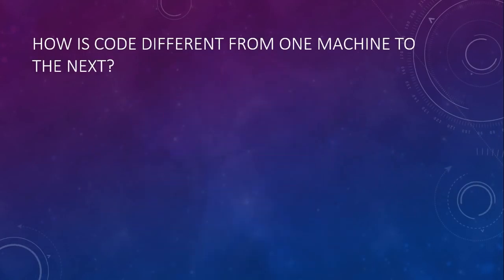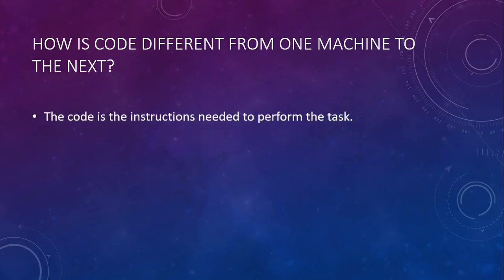Now, that being said, how is code different from one machine to the next? Well, the code is the instructions that are needed to perform the task. So when you write a program, you're writing code. You're writing an application.